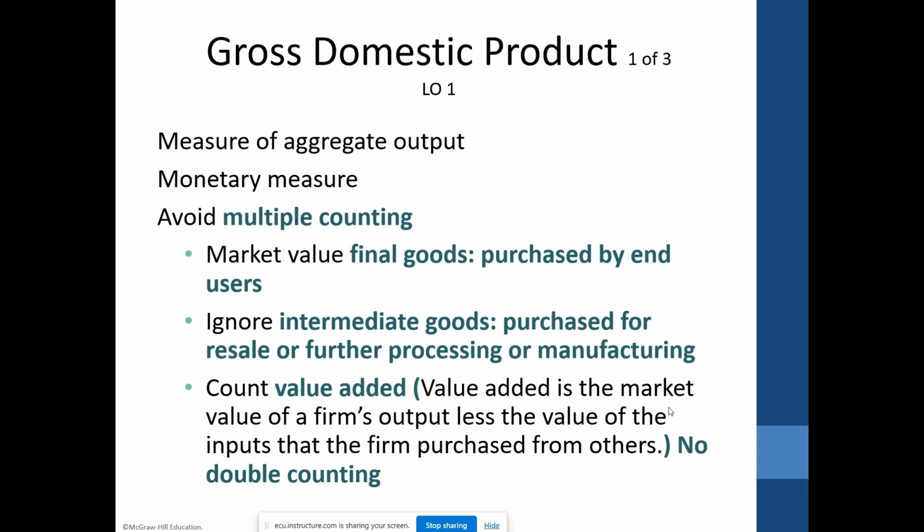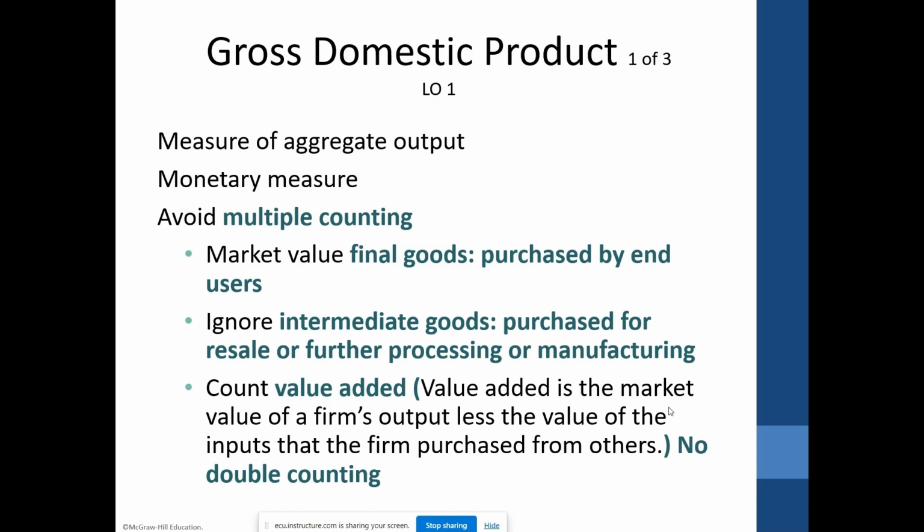The primary measure of the economy's overall performance is its aggregate output. This is most commonly calculated as gross domestic product, or GDP. GDP is a monetary measure in that everything is valued in dollars.